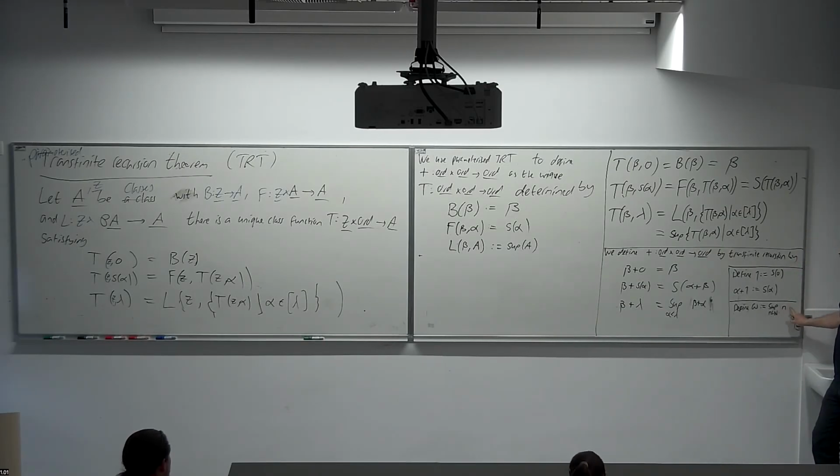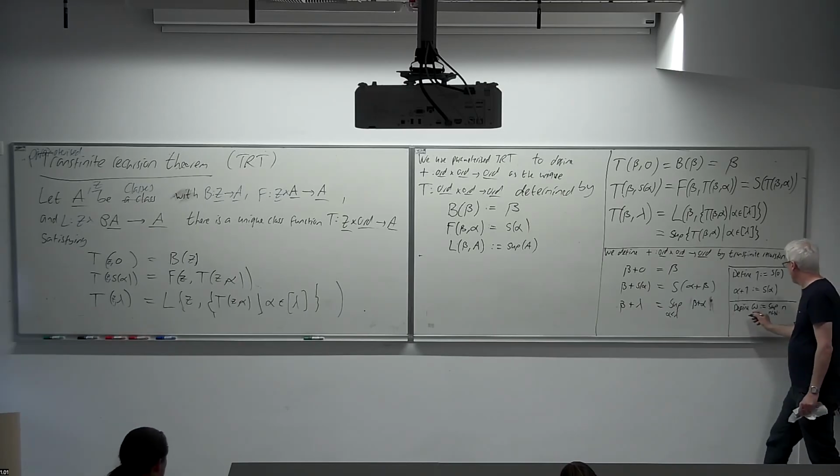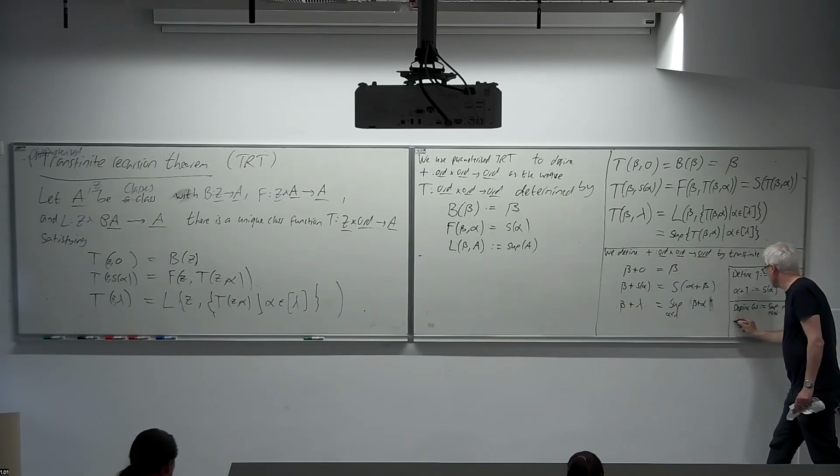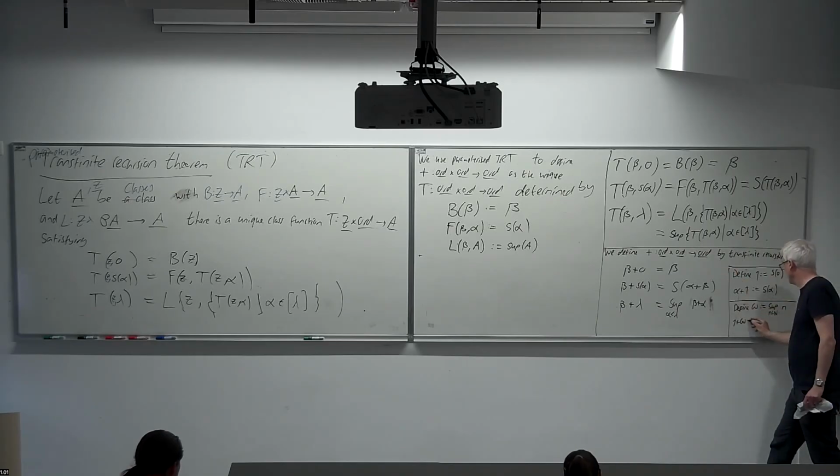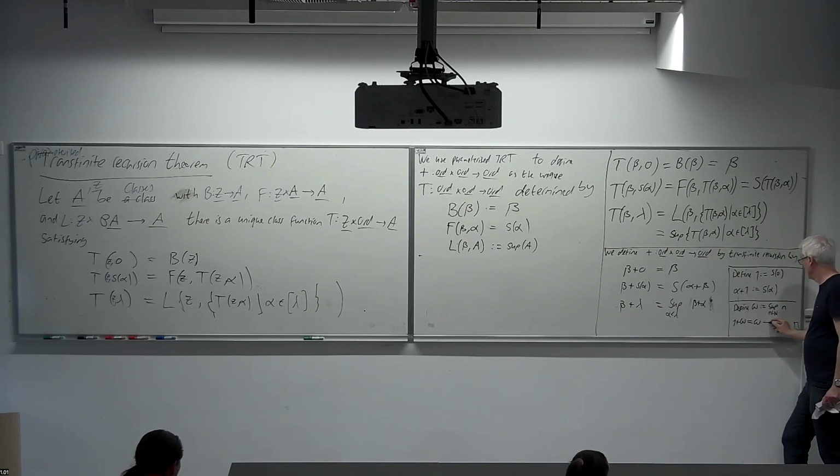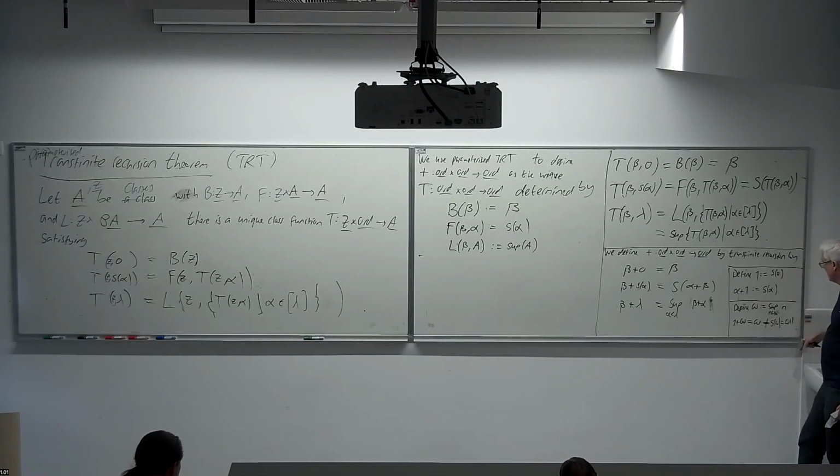There's an inclusion from the natural numbers to ordinals, which is obvious, so I'll just say the supremum of this. And from this, we can see that 1 plus omega equals omega, which is not equal to, of course, the successor of omega, which is omega plus 1.